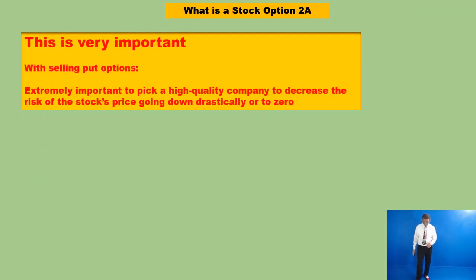Now, with put options, it's very, very important when selling put options to pick high quality stocks in which to sell cash secured put options, to decrease the risk of the stock going down drastically or going down to zero. That's why you're not picking a diamond in the rough, you're picking a diamond off the shelf.